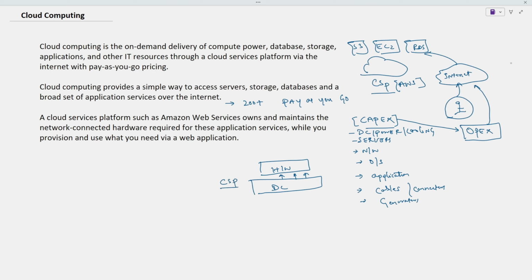In this case, AWS will maintain and manage the entire data center, which is hosted in multiple regions, and they will also be responsible for the physical security of the data centers. There is something called shared responsibility when it comes to security. What security level will be owned by the customer and what security will be managed by AWS, we will discuss in the future course.